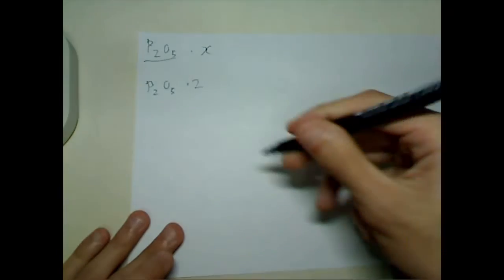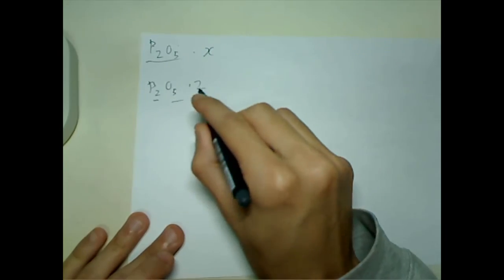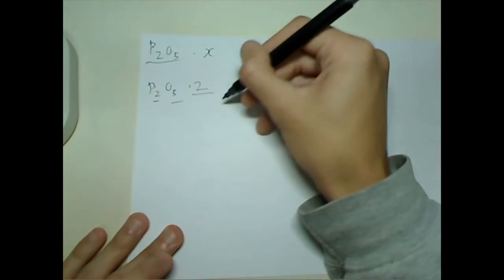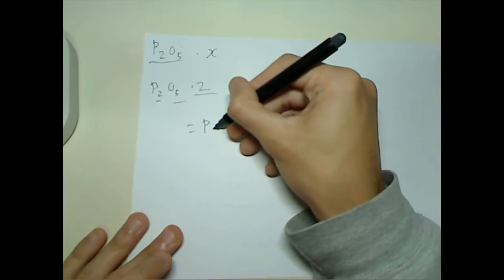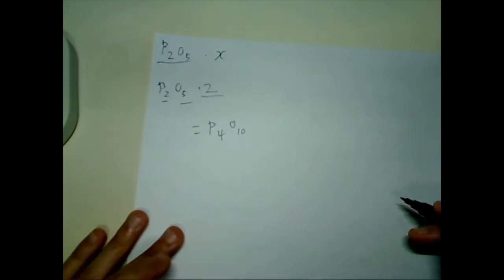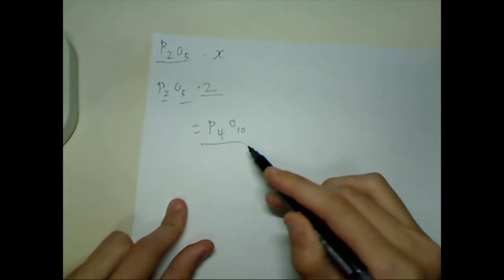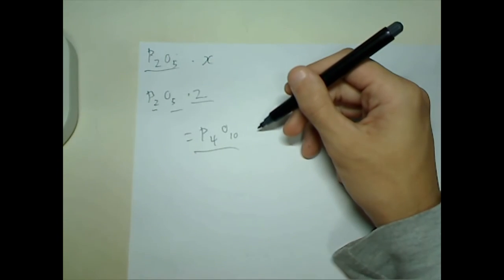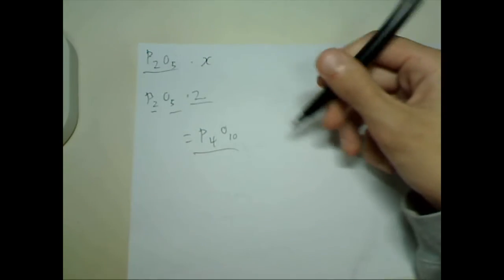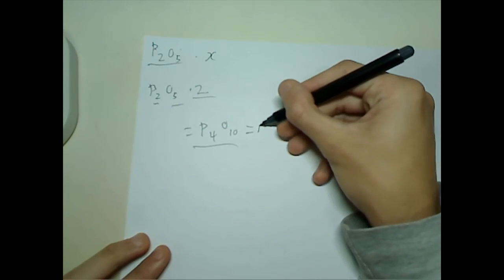All we have to do is multiply each of these numbers by 2. So in this case we have P4 and then O10. And that's the answer. This is our molecular formula of phosphorus pentoxide.